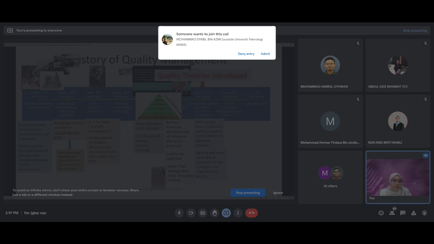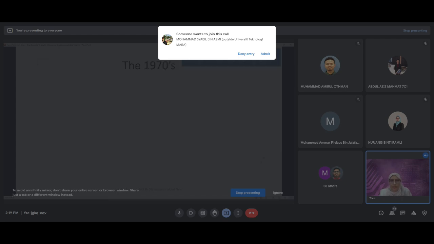After the mid 20th century, total quality management was introduced in the US, and in this era most organizations are using total quality management as well as Six Sigma, and they are moving forward to Quality 4.0.